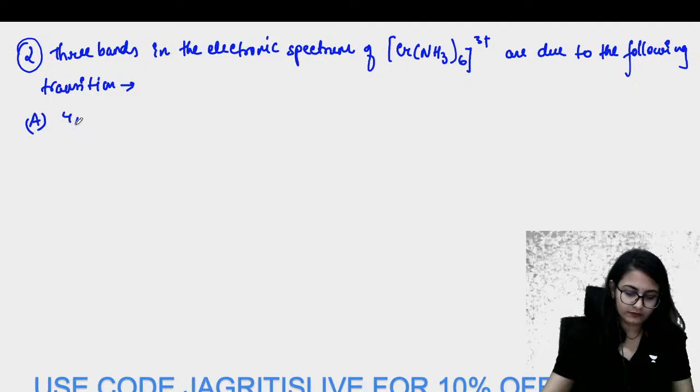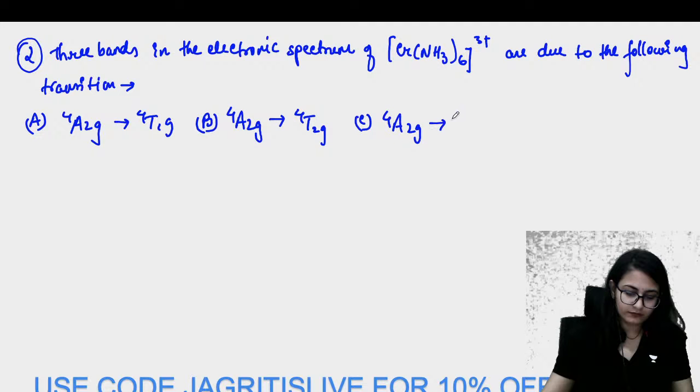A is 4A2g to 4T1g. B is 4A2g to 4T2g. C is 4A2g to 2Eg. So these are the 3 transitions.